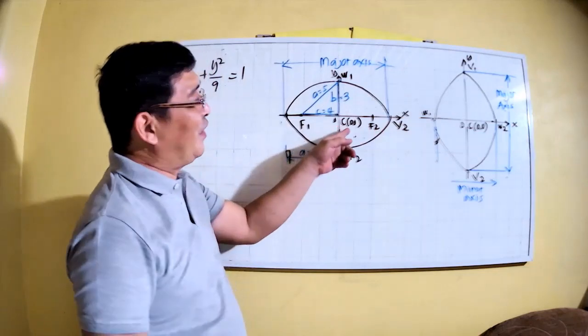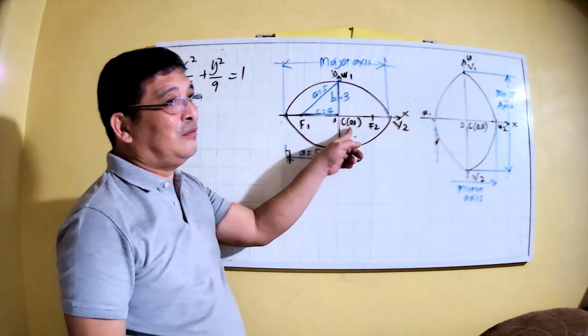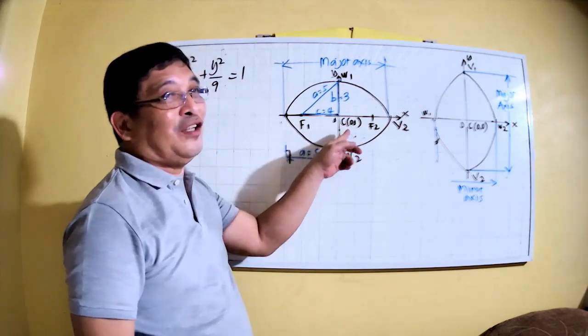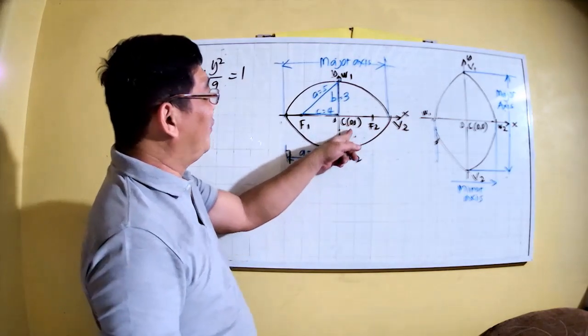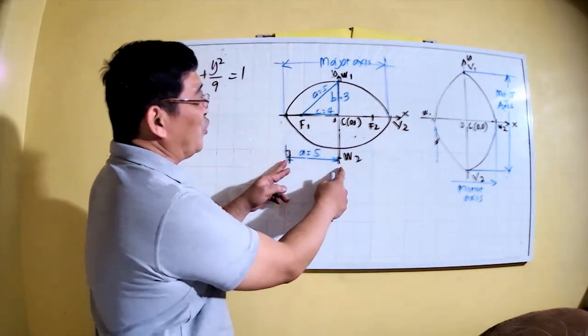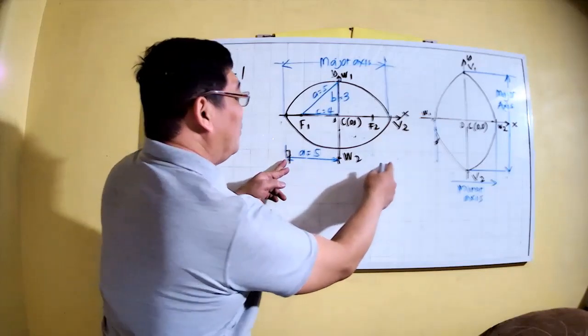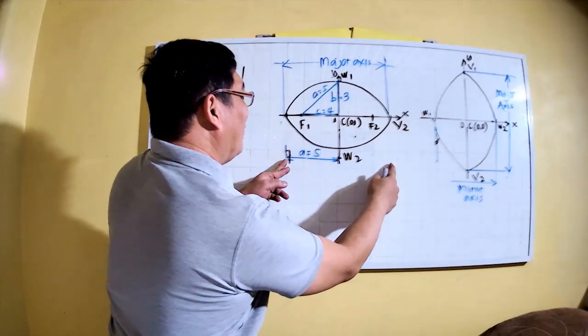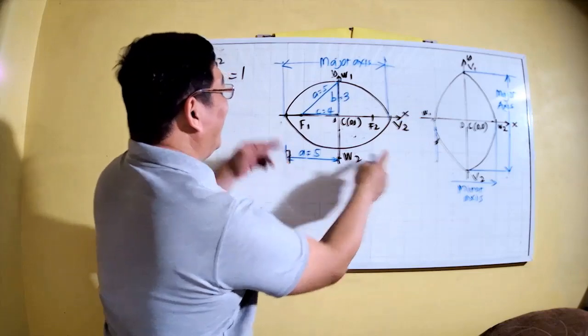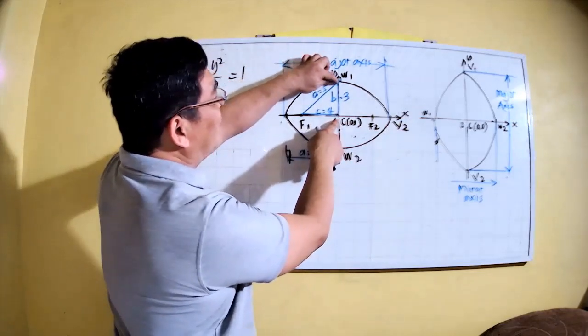We have the center at 0, 0, wherein ito na yung HK natin. We have A is equal to 5. The major axis will become 10. And we have B is equal to 3.